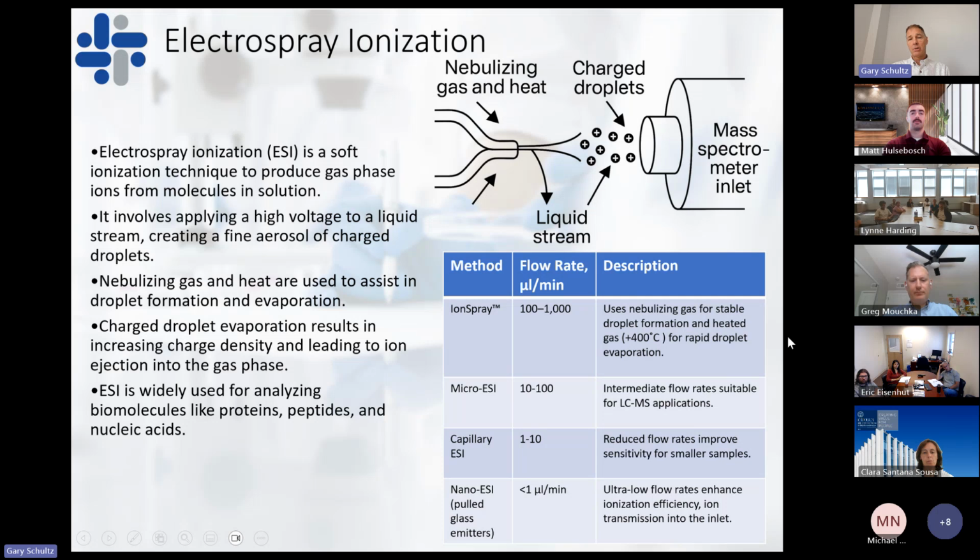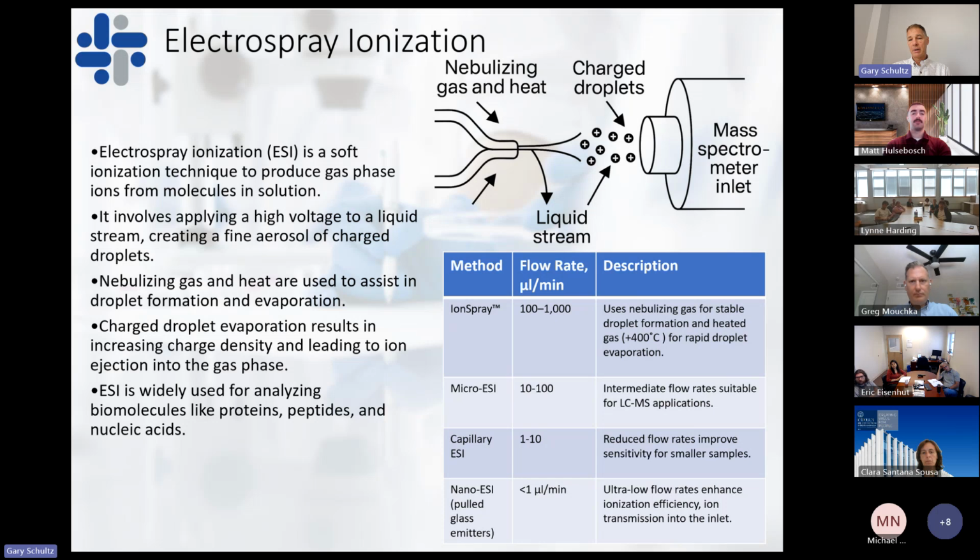There are really multiple regimes of electrospray ionization, with terms that should maybe be explained. Ion spray is a term that has been used to describe electrospray with flow rates higher than 100 microliters per minute. Microspray is used for intermediate flow rates, typically used with a 1 millimeter diameter LC column.